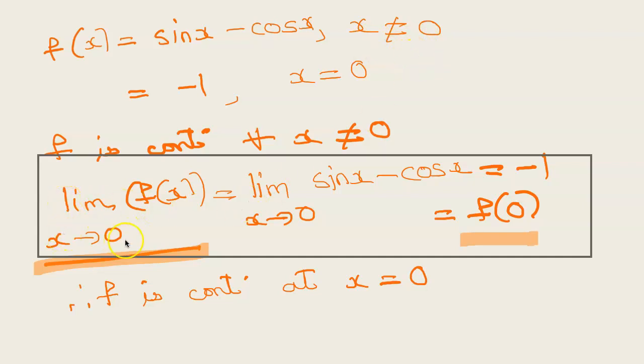So if I take the limit as x tends to 0 of f(x), that will be the limit as x tends to 0 of sin x - cos x. Substituting, you get sin 0 - cos 0, which is -1, and -1 is f(0). So what have we got? The limit as x tends to 0 of f(x) equals f(0). So f is continuous at x = 0.